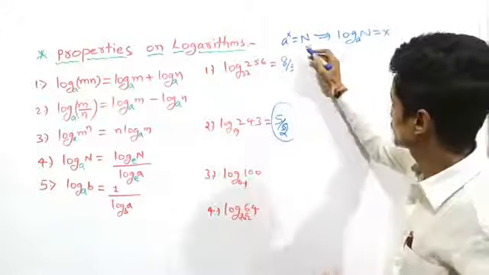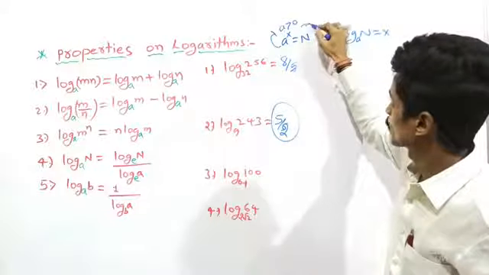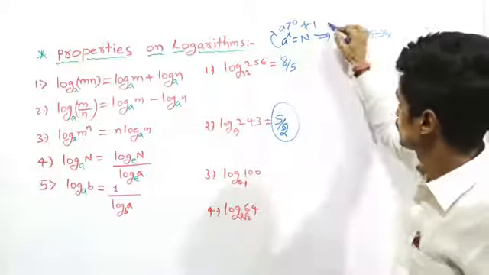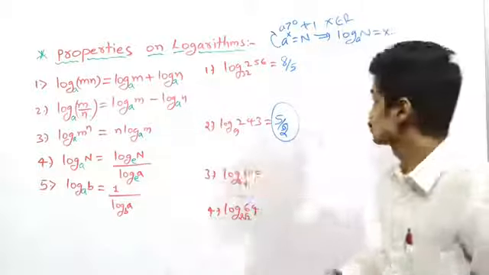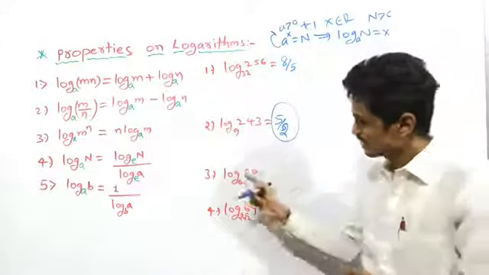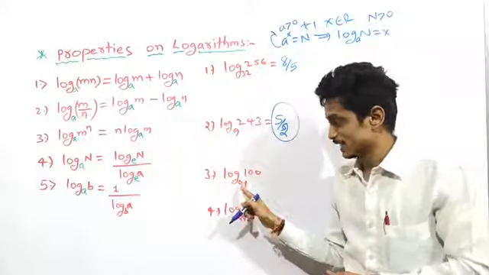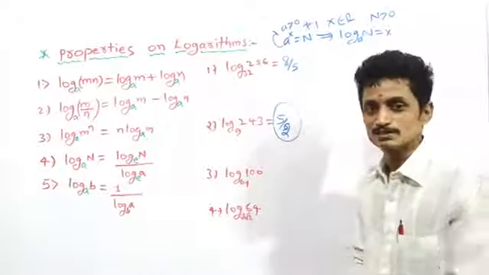In the last class itself I suggested that a will always be a positive number but not equal to 1, and x can be any real number, either positive, negative or 0. Also n will always be a positive number. But here, in the base a place, I have a rational number, 0.1, some decimal.